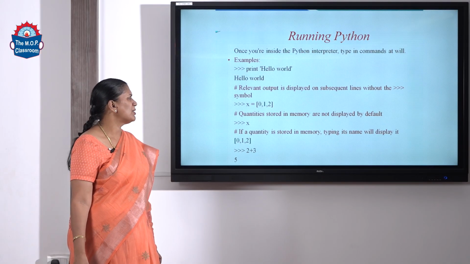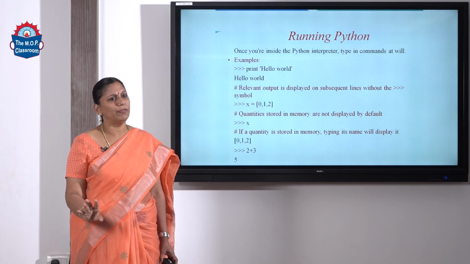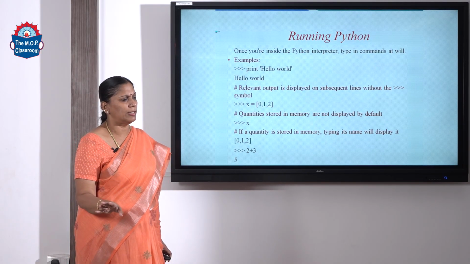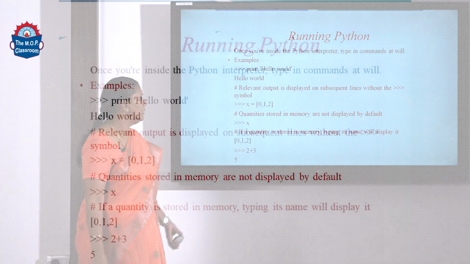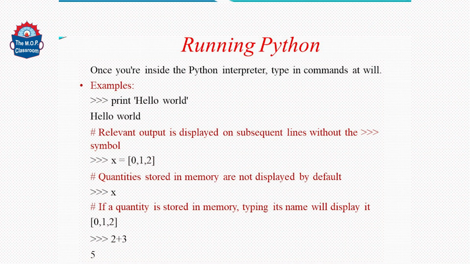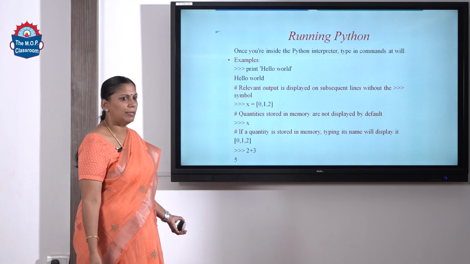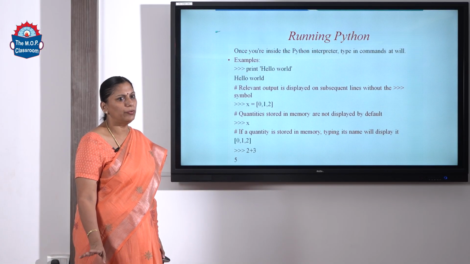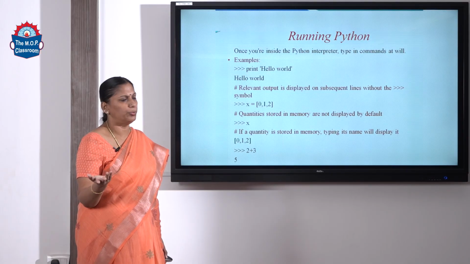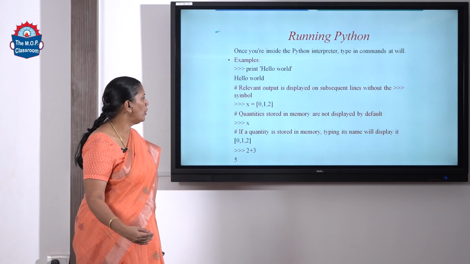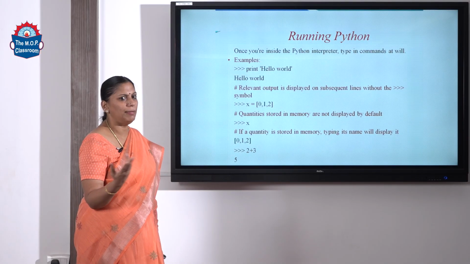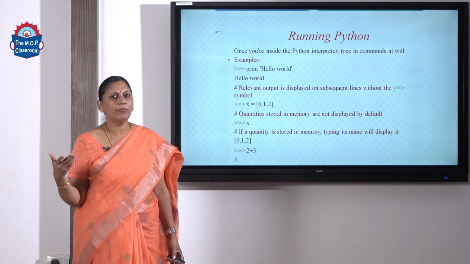So running Python: once you have installed Python and once you get into it, you can type whatever commands you want at your own will. For example, I am just giving print hello world. After the command prompt, it is just printing hello world. Print is the statement for printing the output, right? So whenever you want to print some values, you can just type the variables directly.